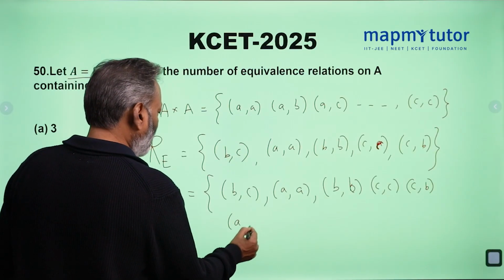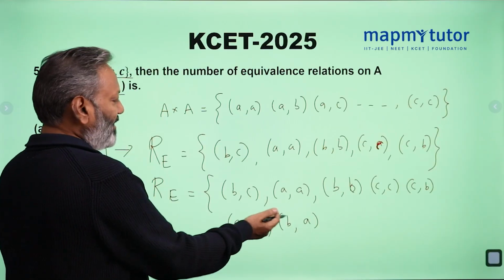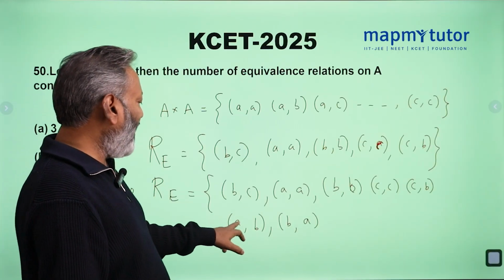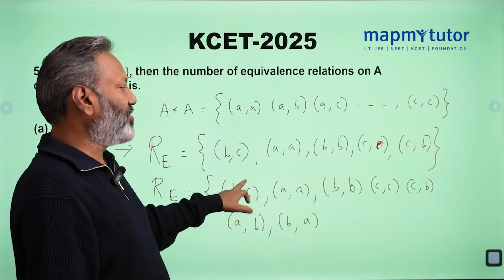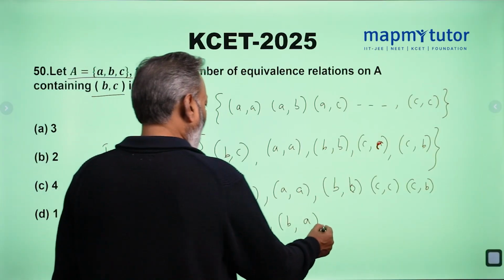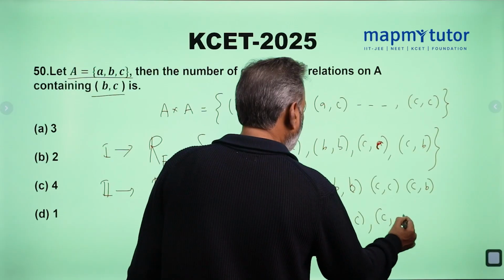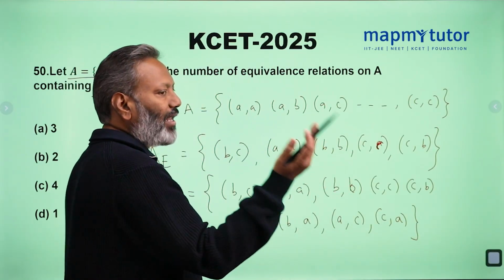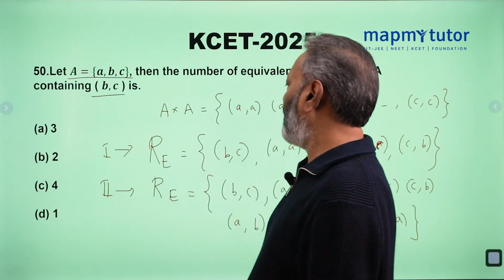If I add AB, I must add BA, then only symmetry. And if I add AB, and already BC is there, by the transitive property AB and BC give AC. So I must get AC here. Once AC is there, I should add CA. That means all 9 ordered pairs are added, so that again it becomes an equivalence relation.